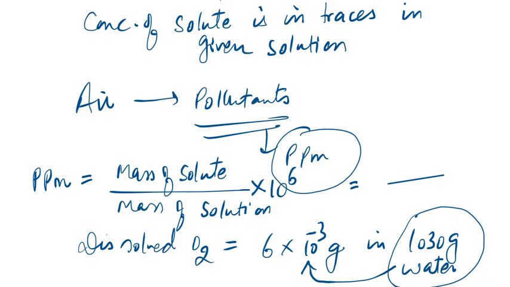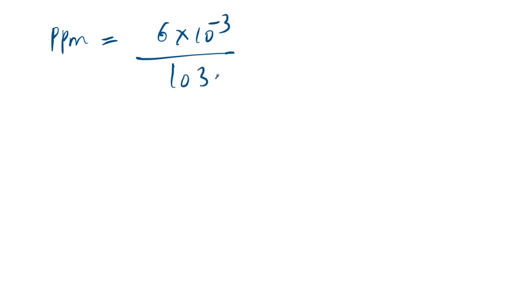So when you calculate this information in ppm, so amount of oxygen present is 6 into 10 raised to power minus 3 in 1030 gram water and multiply it by 10 raised to power 6. The answer comes out to be 5.8 ppm.